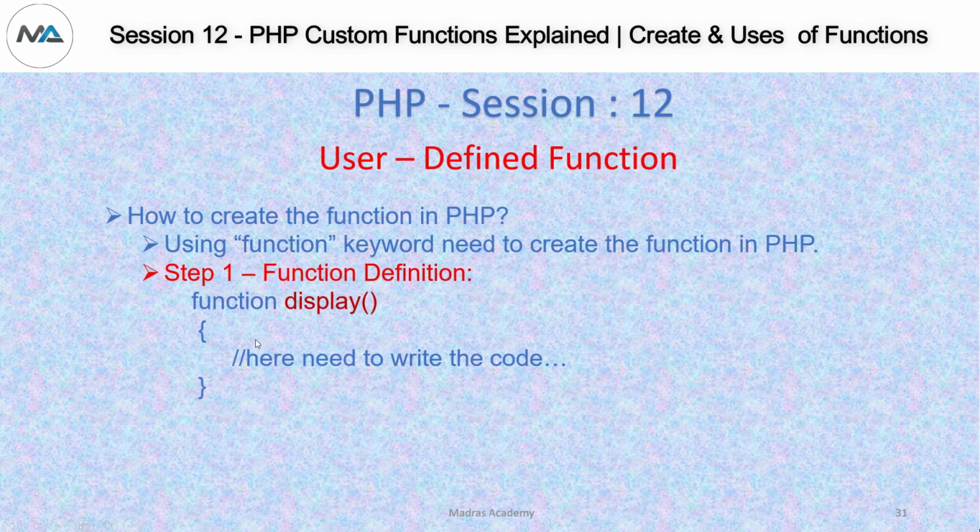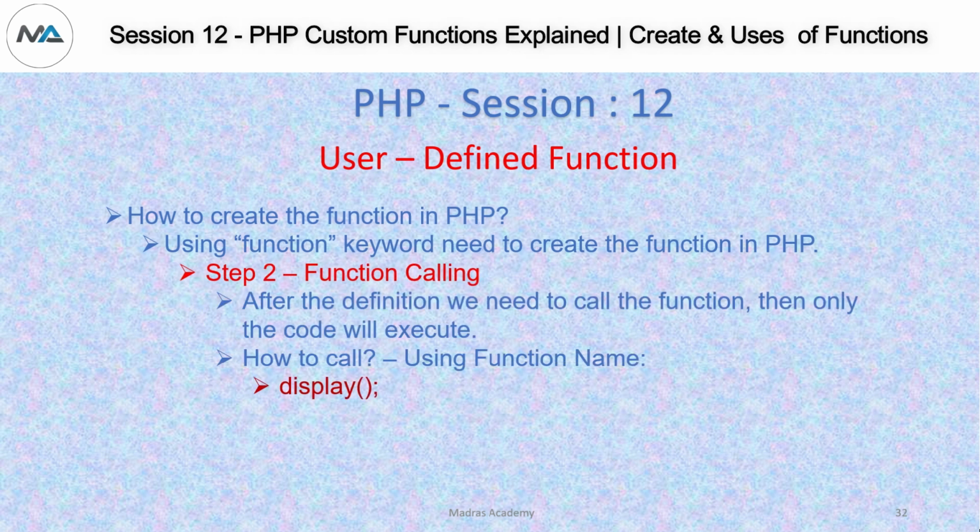Once the function definition, that is your code, is completed, then the second step, we need to call the function. After the function definition we need to call the function, then only the code will execute. If I'm not calling this function, the code will not execute.